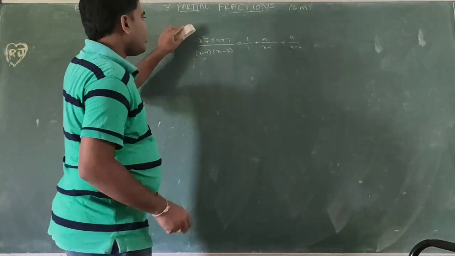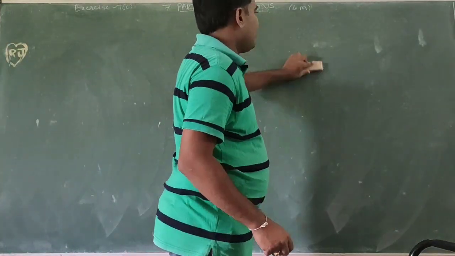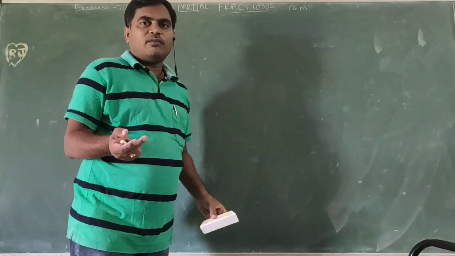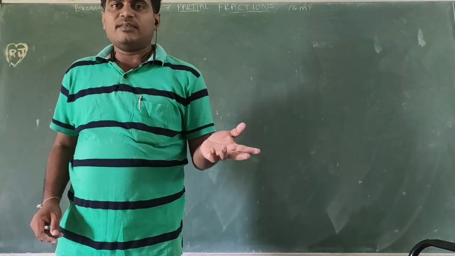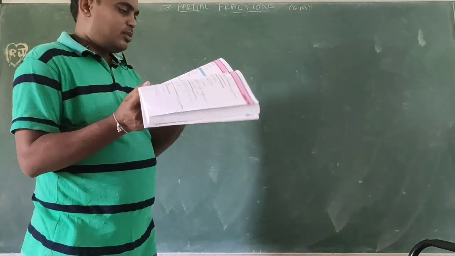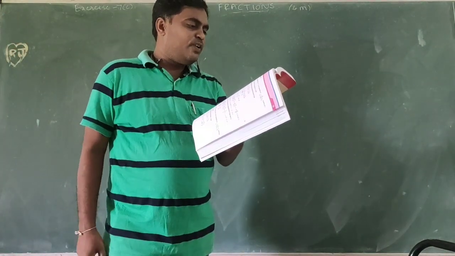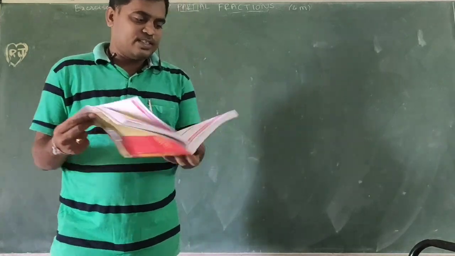Okay, now we will do problems. If the degree is more, I will explain later. First, if the degrees are equal, what do we do? First question, exercise 7C: resolve the following fractions into partial fractions.